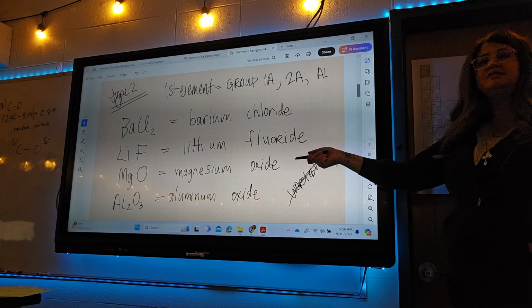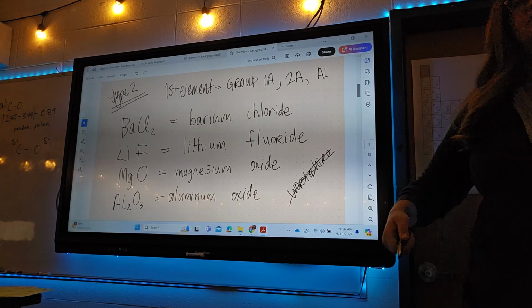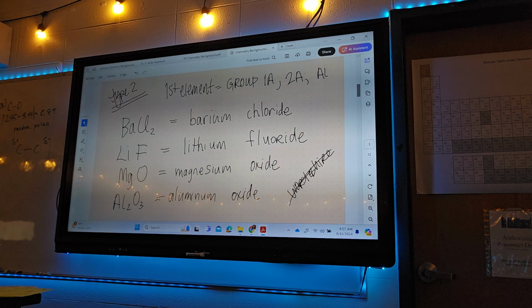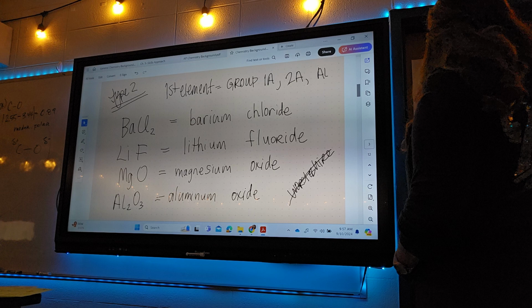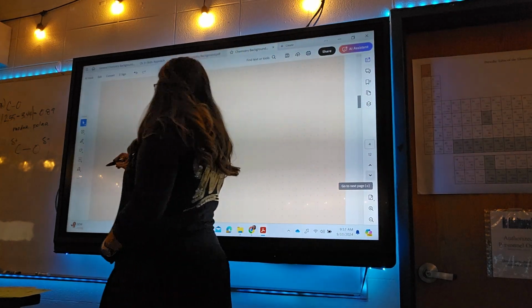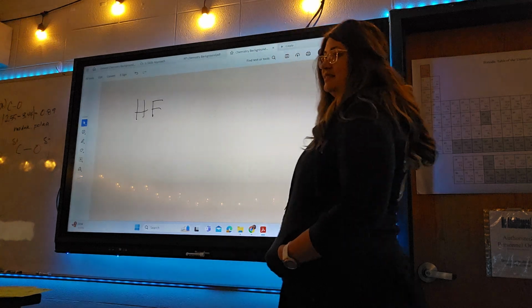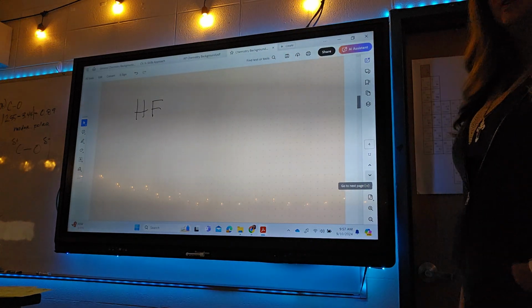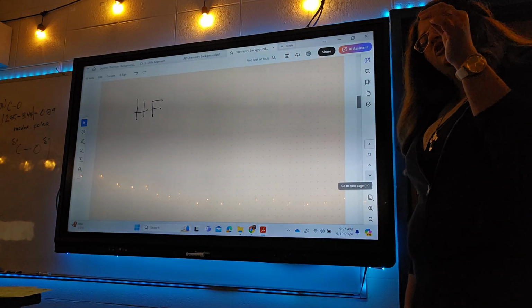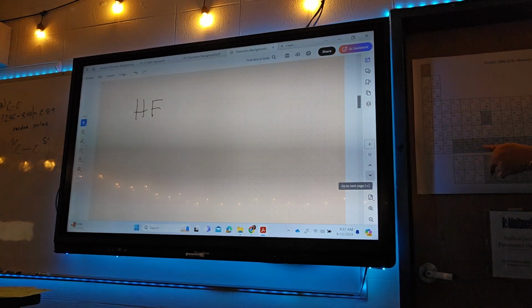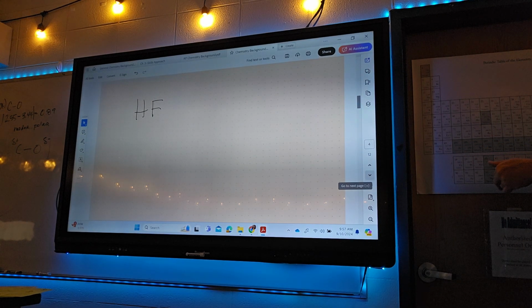Any questions about this? Elliot? Yes. It is. I'm glad you asked that. I was wondering if somebody would. So a while back I gave you this example as an example of a covalent compound. Hydrogen is one of those weird elements where it could be located in group 1, but it also could be located here above carbon or above fluorine.